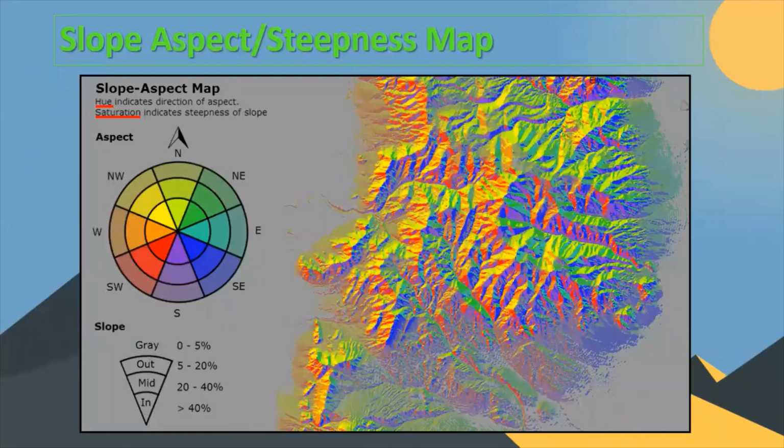Now here's one that's for a more basic purpose, maybe more connected to what we're talking about today, and that is not only aspect, but slope, as in gradient, how steep the slope is. So we can show that and then portray it on this very colorful map by indexing it to what? The rose diagram right here.